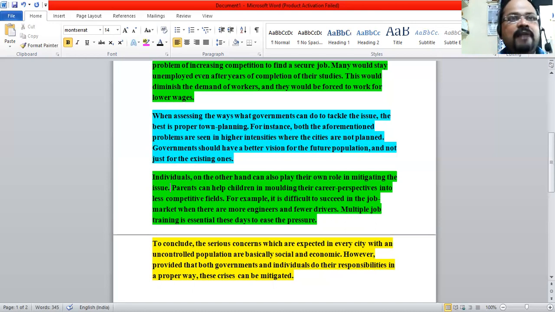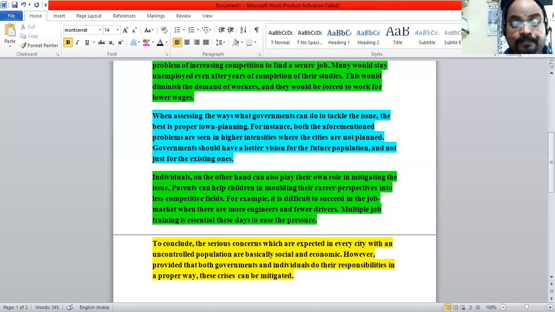These things have much demand these days. Or you can go with medicine or something. So you just need some sort of alternative. So less competitive fields you have to choose rather than demanding areas.